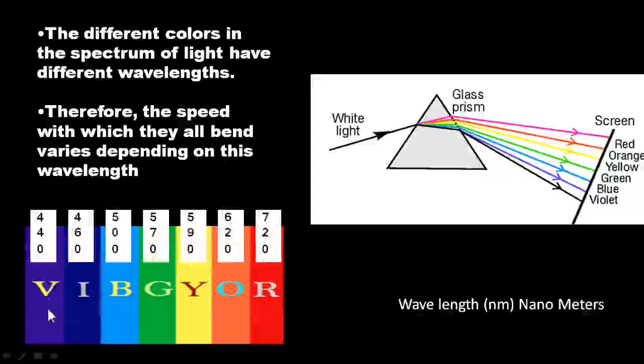Wavelength is measured in nanometers. Wavelength of violet is 440 nanometers. Likewise, these are all the others. Wavelength of red is more, and the wavelength of violet is less in these colors.